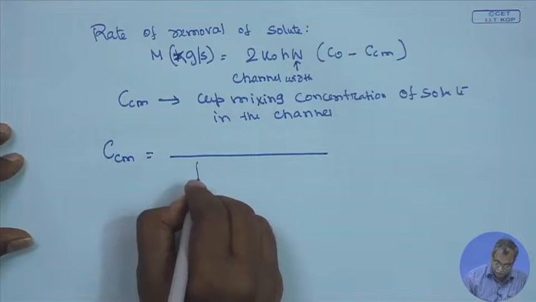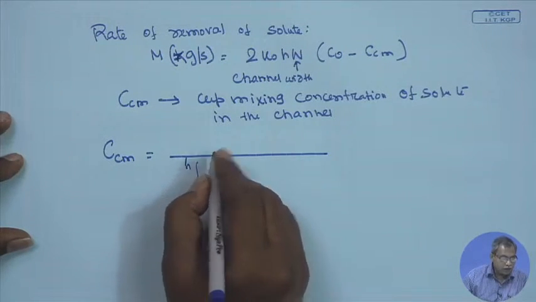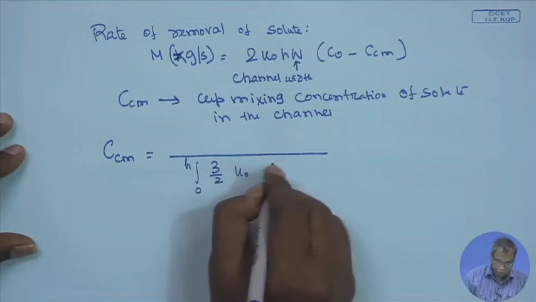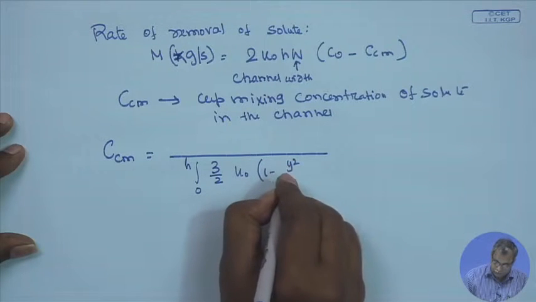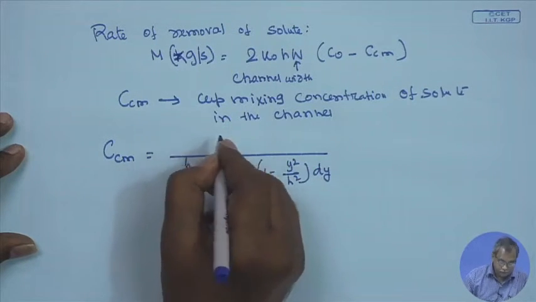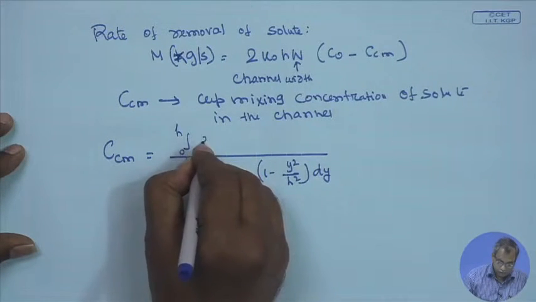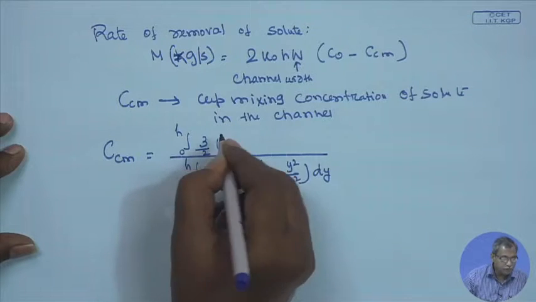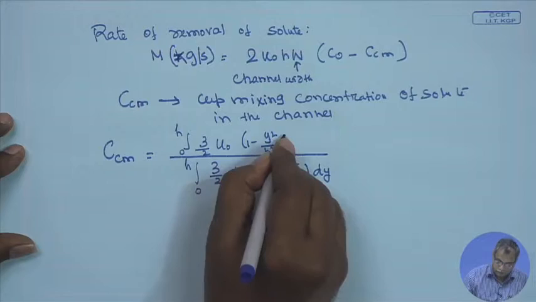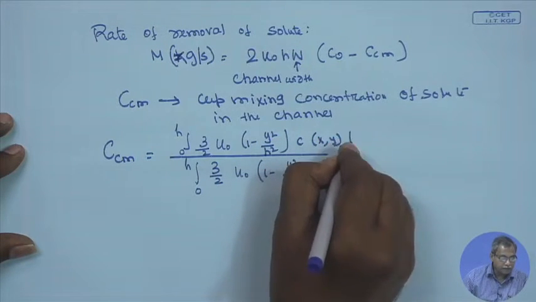It is some kind of cross sectional average concentration: integral from 0 to h of 3 by 2 u naught (1 minus y square by h square) c as a function of x and y dy, divided by the integral from 0 to h of 3 by 2 u naught (1 minus y square by h square) dy.